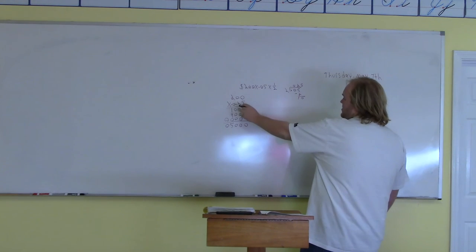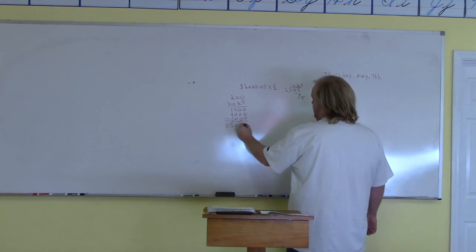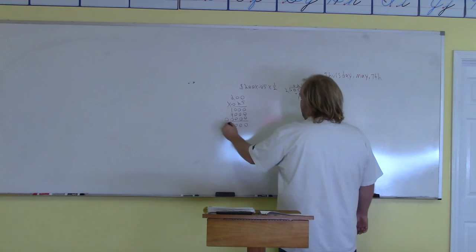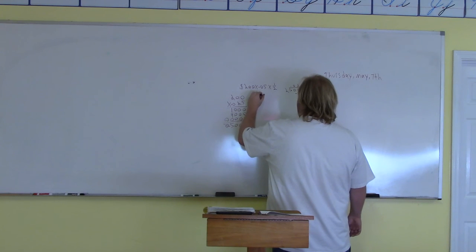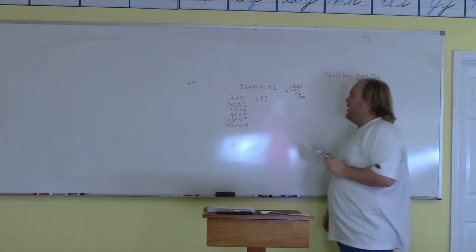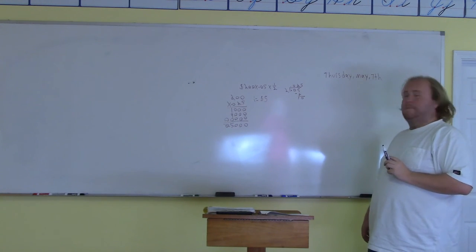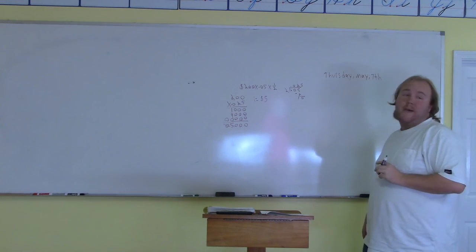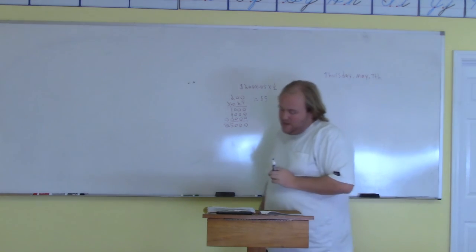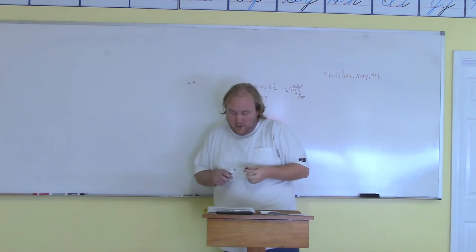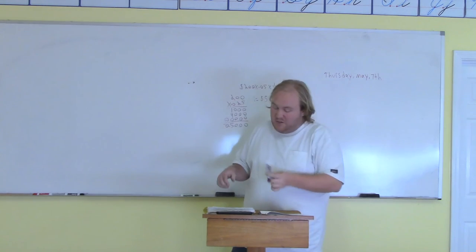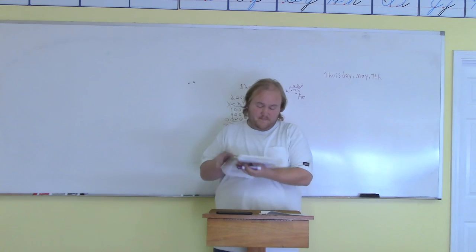How many decimal points? 1, 2, 3. So we go 1, 2, 3. That 0 disappears. So the interest was $5 for half a year. Not bad interest at all. Okay, that's just how you do these. Those are pretty straightforward. Just follow the formula, use the chart up top.